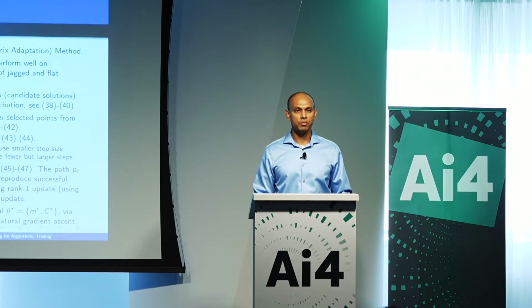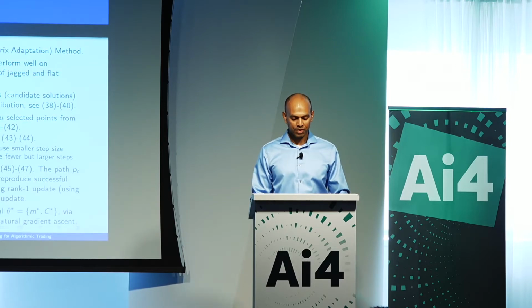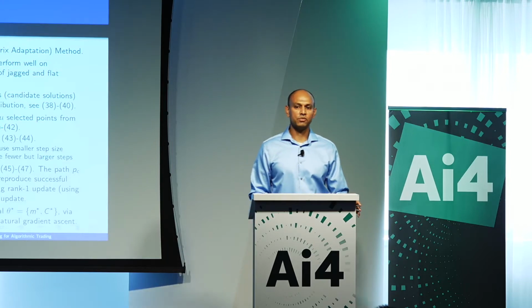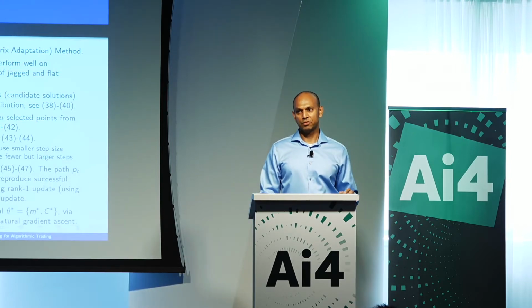There's also a rank mu update, which essentially shapes the covariance matrix around the top mu most successful candidates in terms of fitness or performance from the current generation. And so the total covariance update is a composition of both of these effects, a rank 1 and a rank mu update.